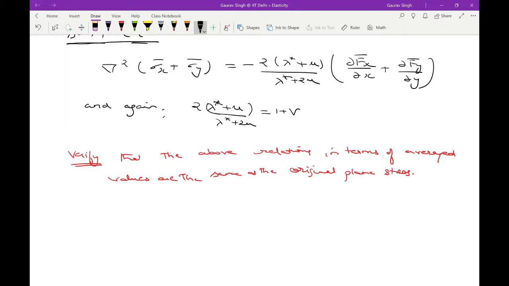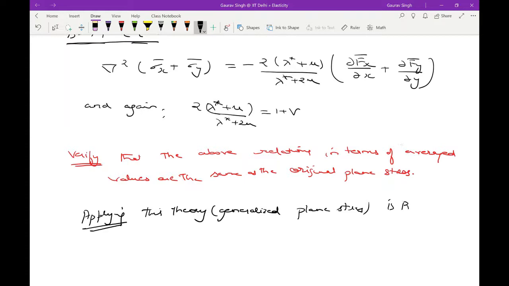But it does happen that applying this theory, generalized plane stress, is rigorous. You can see how averaging is needed everywhere.